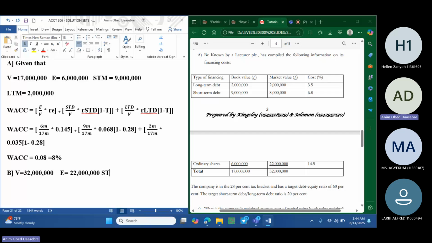Short-term debt is 8,000. Long-term debt is also equal to 2,000.